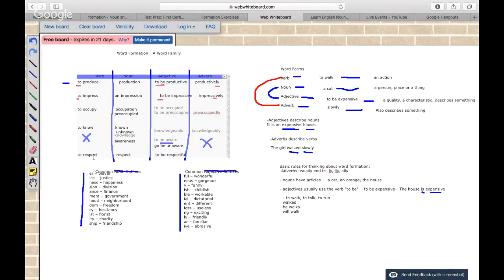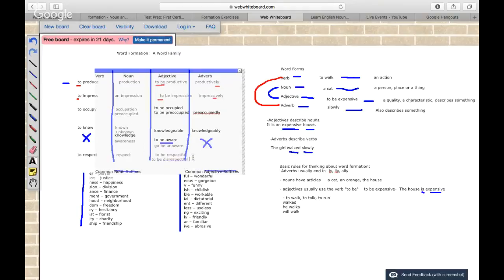If we want to make it negative, we could say to be disrespectful. And then an adverb would be respectfully or disrespectfully. Here we're adding two L's and a Y.